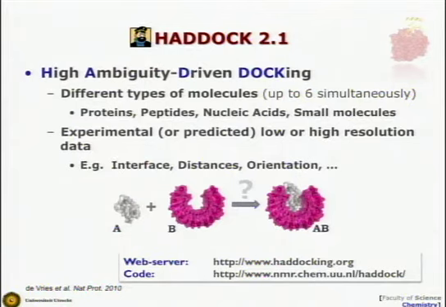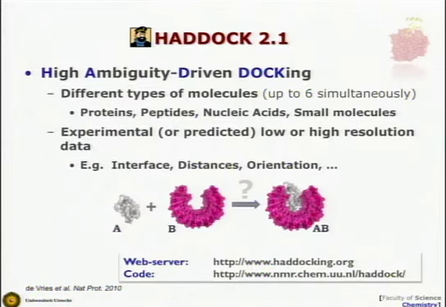It's not really an implementation limit, but you have to realize that when you start dealing with more molecules at the same time, the complexity increases exponentially. And we can also use experimental data to really guide the process, which I'm going to explain a little more in the next slide.